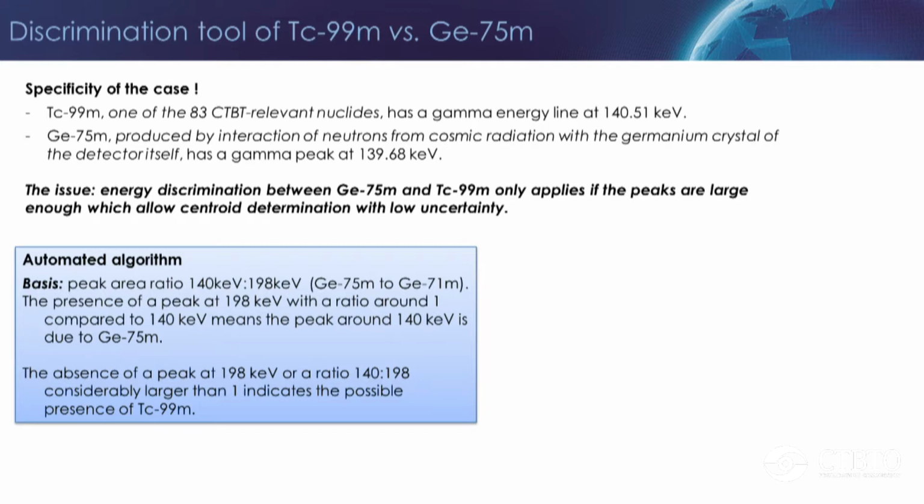And then, actually, this is not a new algorithm, but what is new is that we moved this from the interactive analysis side to the automatic mode. Basically, the idea is to cross-check the peak around 140 keV against the peak from the second germanium isotope, and then decide in automatic mode whether this is more likely to be technetium or rather just germanium, taking into account that the two germanium isotopes have the same cross-section in terms of production rate.